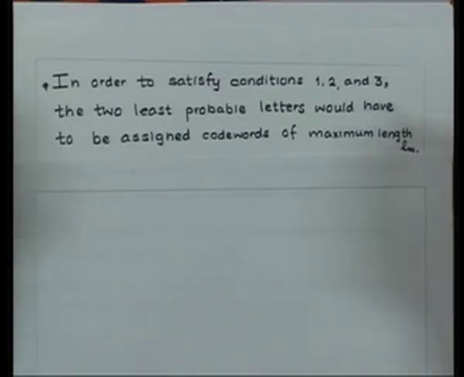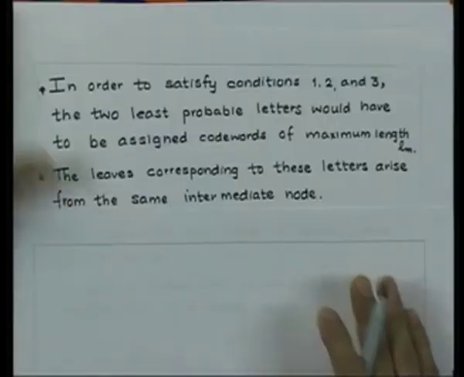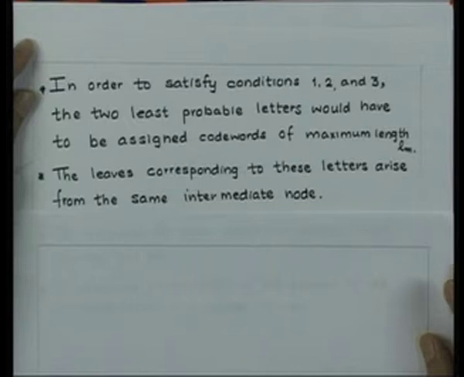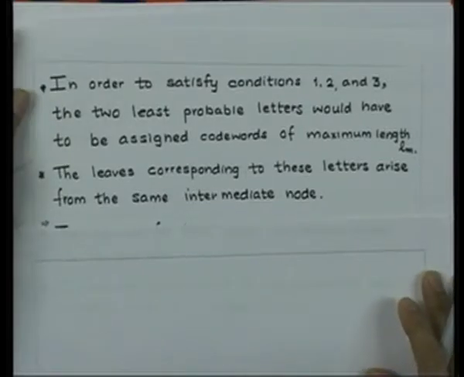So, in order to satisfy conditions 1, 2 and 3, the two least probable letters would have to be assigned code words of maximum length, let us say LM. Furthermore, the leaves corresponding to these letters arise from the same intermediate node.